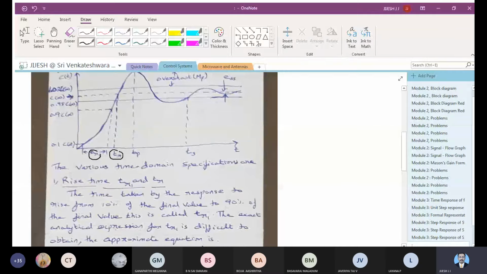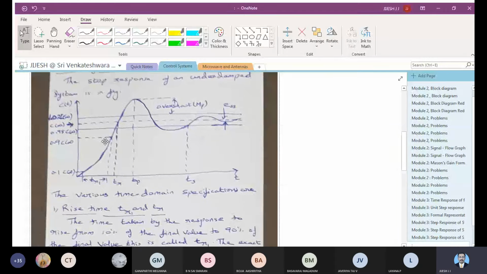From here to here, it is clearly written that from 10% to 90%. This is mentioned as TR. We'll see what the equations for that are.